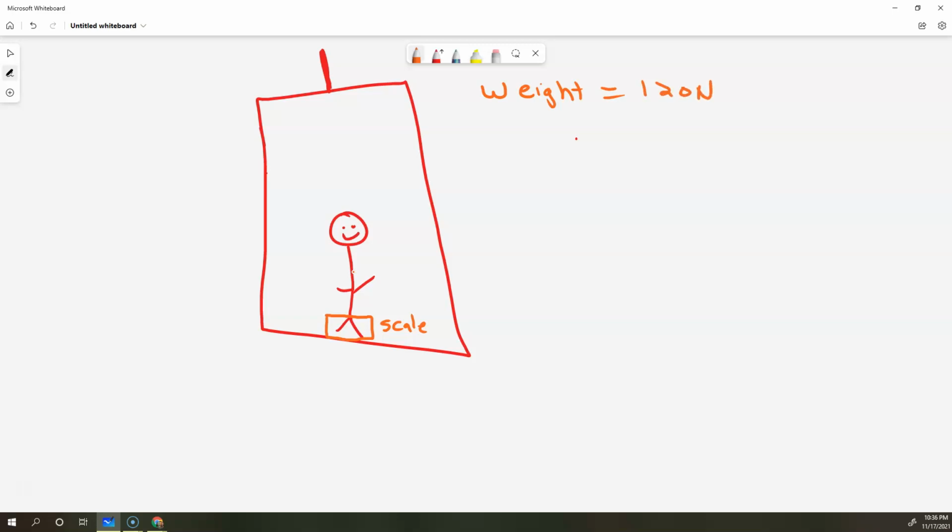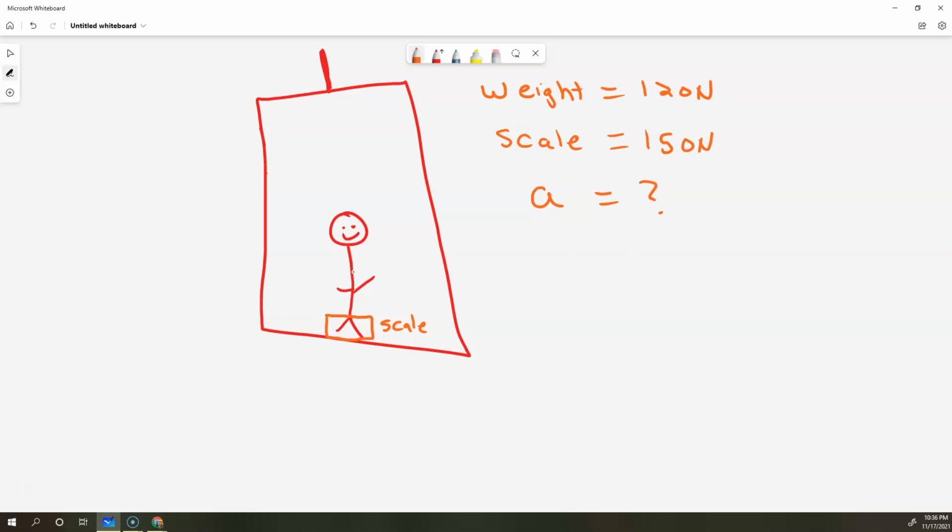That is your weight. Currently, the scale reads 150 newtons. What is the magnitude and direction of your acceleration? And now, wow, where do I even start? This seems like a crazy hard problem.